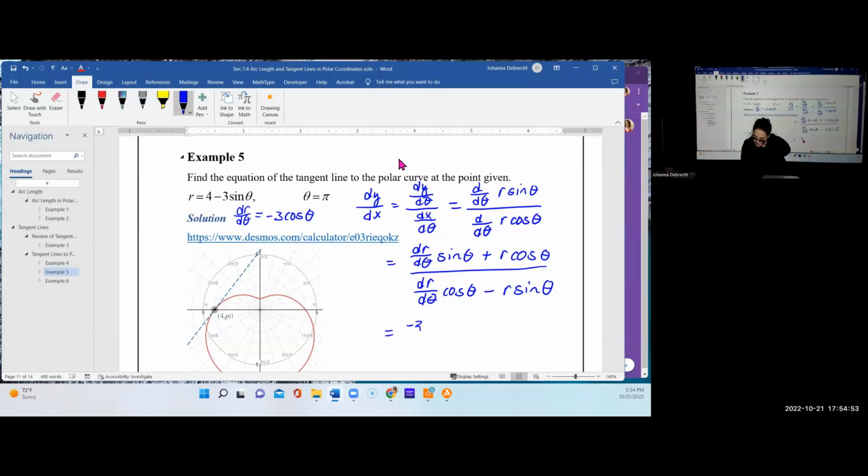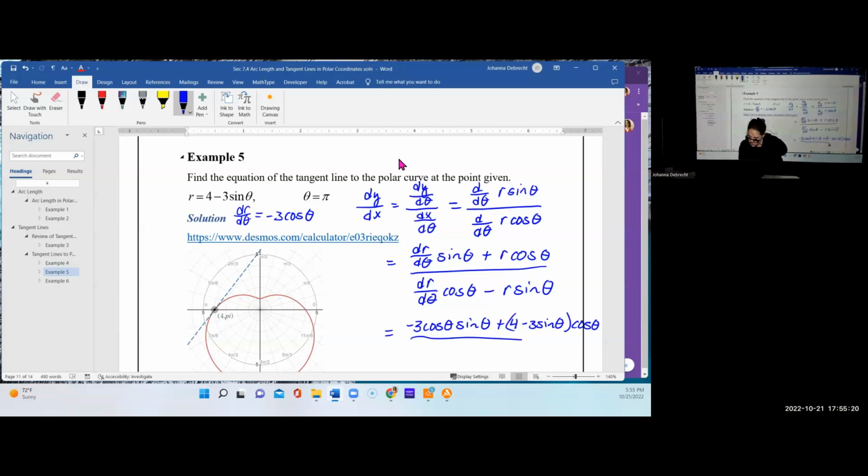So I have -3 cosine of theta times sine of theta plus r, which is 4 minus 3 sine of theta, but that whole thing is multiplied by cosine. So I need to put it in parentheses, since it has 2 terms.